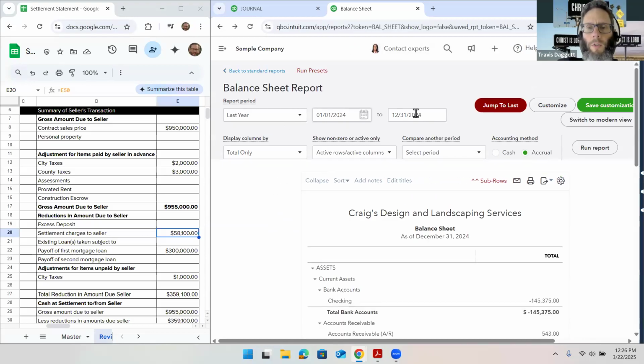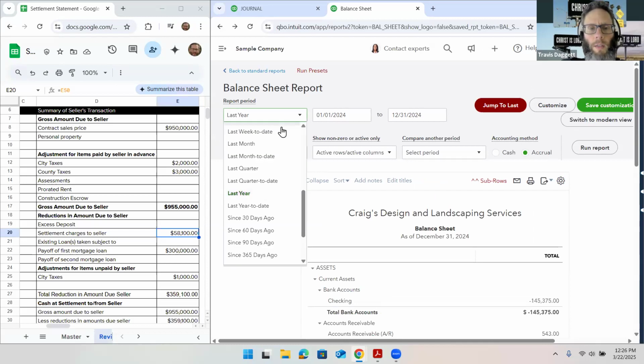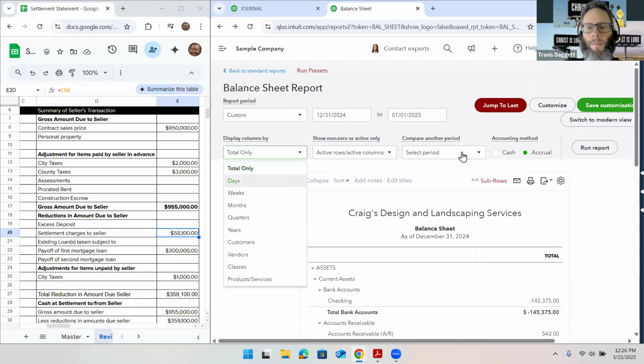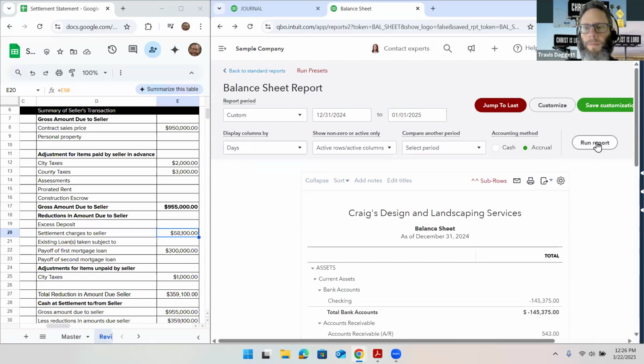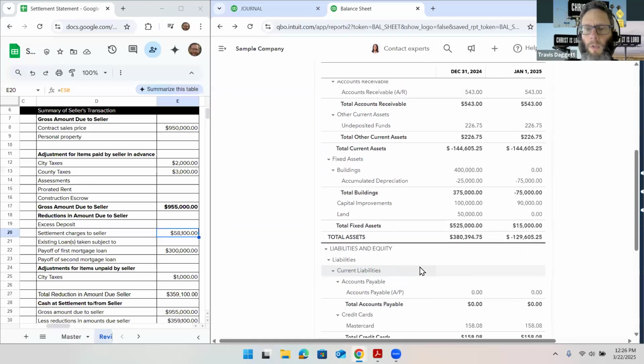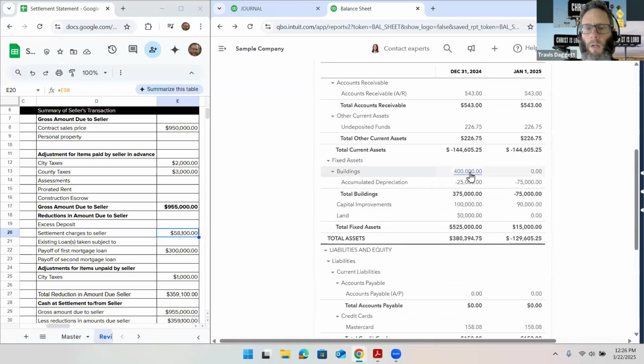Now, this is run for last year, so let's actually do a comparison. So we'll look at the end of last year and then New Year's Day, because we know that's a new transaction. Okay, so we go in our buildings from 400 to 0. That's great.